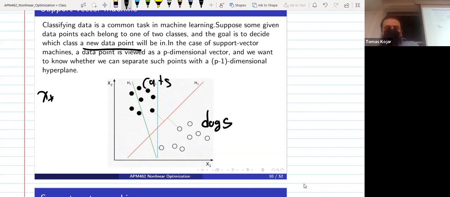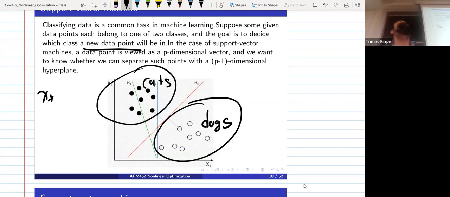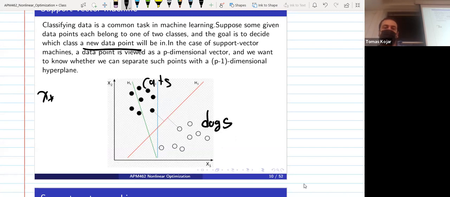You want to know whether it falls in this class or in that class. But how do you do that mathematically? A computer doesn't know cats and dogs, it just knows points. So your job is to find a line that will separate the two classes of cats and dogs. The optimization problem we're going to solve is to find this line.